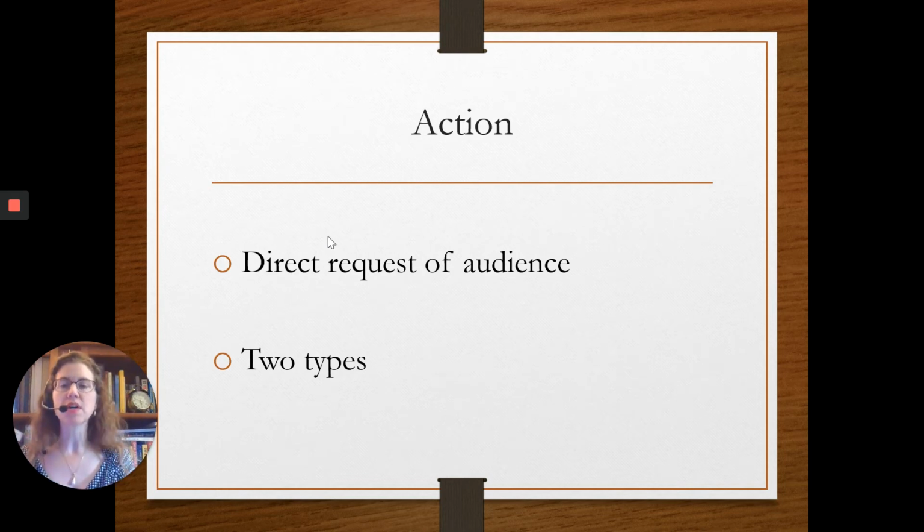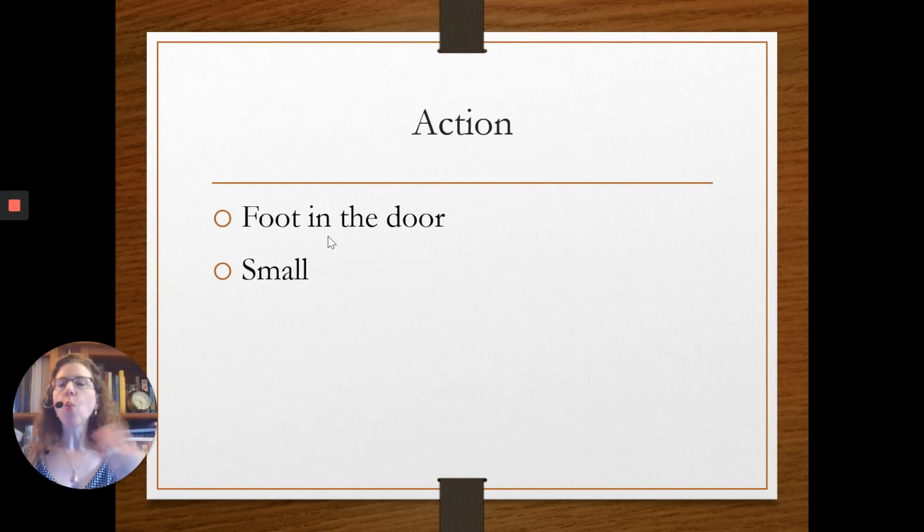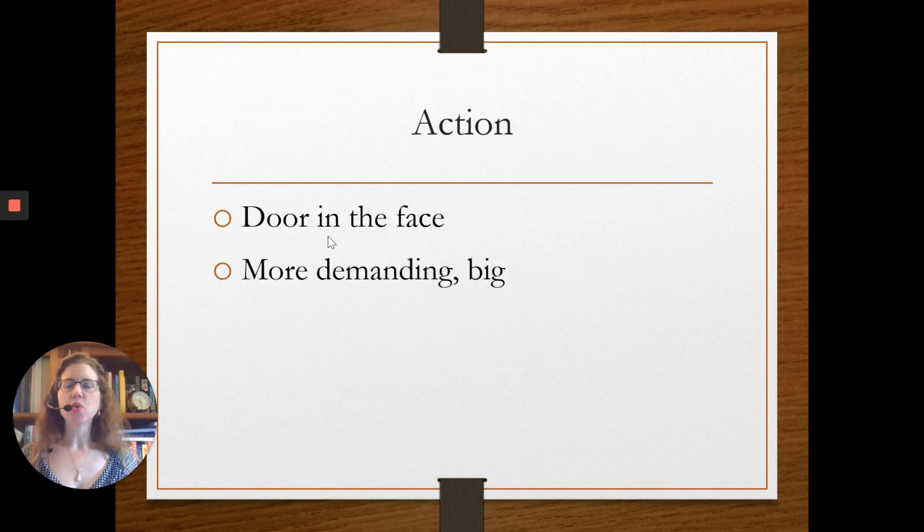There are two types of actions. One thing that you may want your audience to do is something called foot in the door. It's smaller. It's consider getting a green pen. It's here's a flyer. Here's a handout about green pens. Check this out. Door in the face, the other action, is much more demanding. It's bigger.